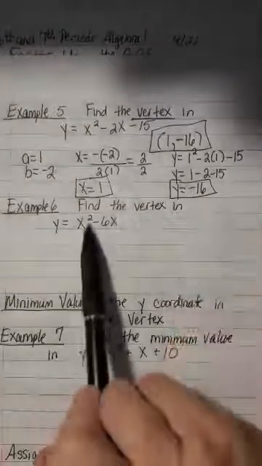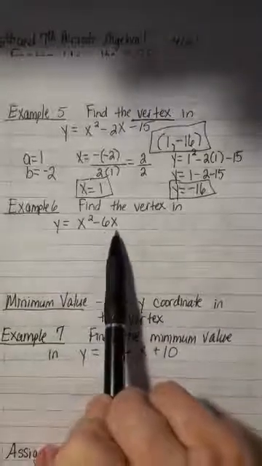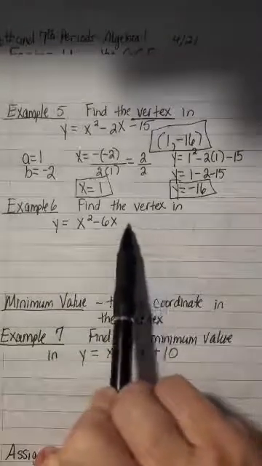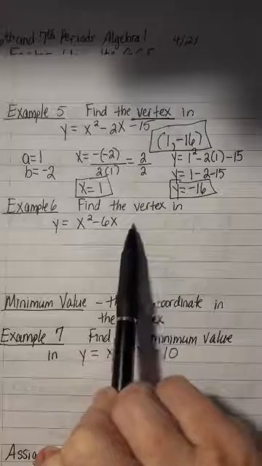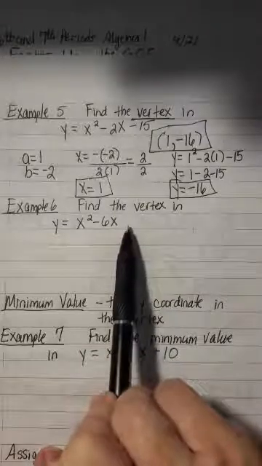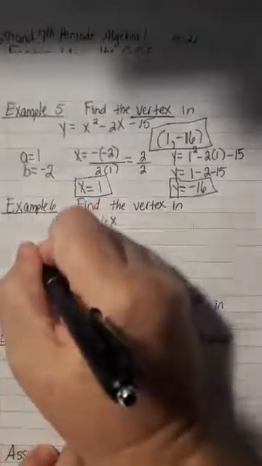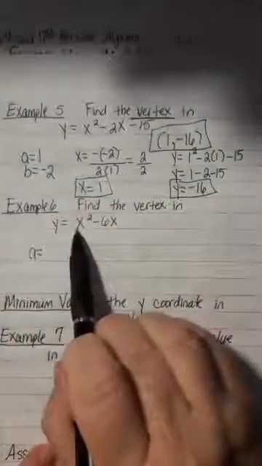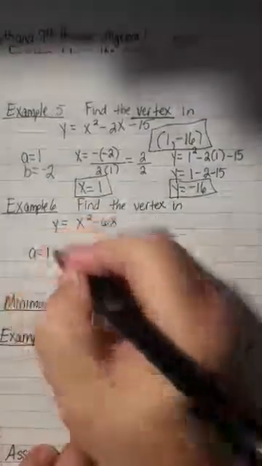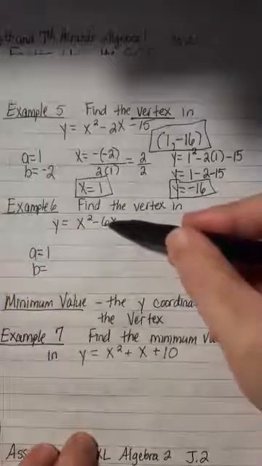All right, so here, find the vertex in y equals x squared minus 6x. Now, we're missing our c, but that doesn't really have anything to do with finding the x coordinate, because remember, the x coordinate is just dealing with b and a. So let's identify a. A is the number in front of x squared, which is 1. And b is the number in front of x, which is negative 6.